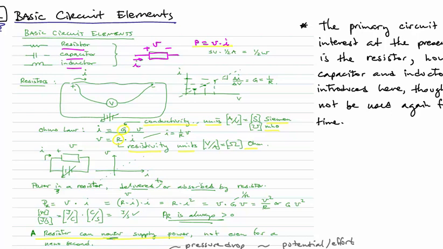Now, this will be true for all of those three elements. In fact, any element. We'll look at some other elements that are like a nonlinear element, like a diode, an LED. We'll look at other elements that do not behave at all like the resistor, capacitor, or inductor, but they still have a current flowing into them or through them and a voltage across them, and we can still define the power delivered to them as V times I.